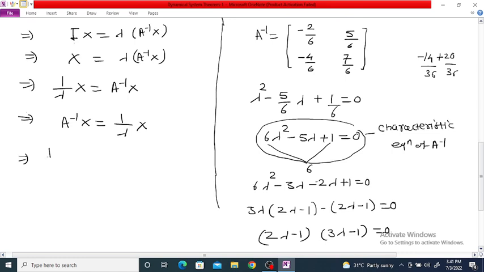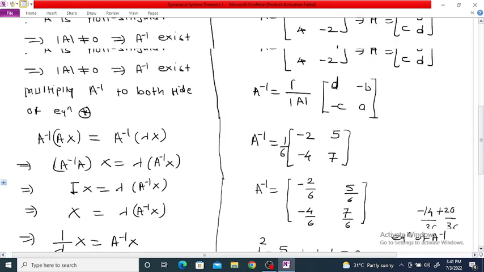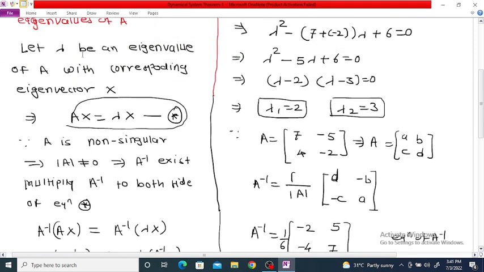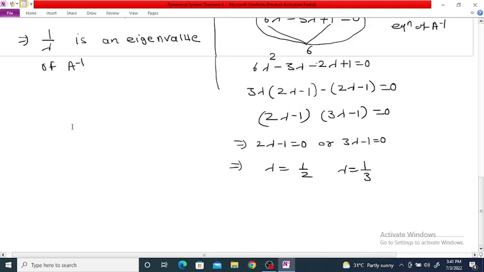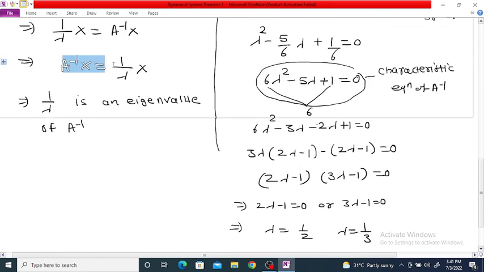This implies 1 upon lambda is an eigenvalue of matrix A inverse, that is, the reciprocal of lambda. This is the definition of eigenvalue: if lambda is an eigenvalue with corresponding eigenvector x, then we get Ax is equal to lambda x. Similarly here we get A inverse x is equal to 1 upon lambda into x. Therefore 1 upon lambda is the eigenvalue, and the eigenvector remains the same, x.